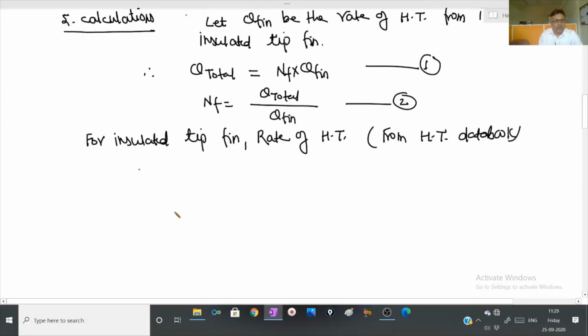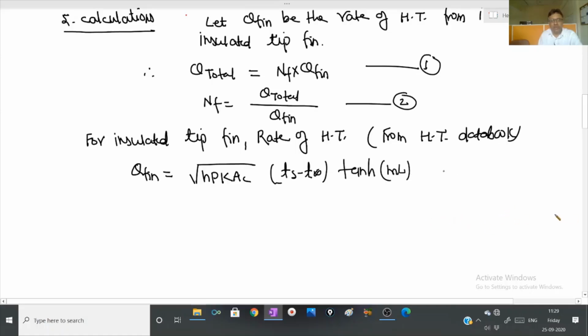And that formula is given by, for insulated tip fin, as square root of hPkAc into Ts minus T infinity into tan hyperbolic mL. Let's say this is equation number 3. Now in this equation, I know the value of h and k, Ts and T infinity, and value of L. Rest of the parameters I am supposed to calculate.